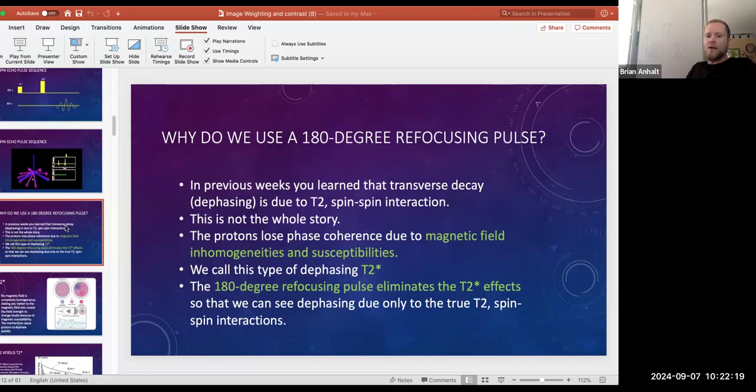We can use a 180-degree refocusing pulse to eliminate the T2 star effect so that we can see dephasing due only to true T2 spin-spin interactions. So now the signal we measure over here, the amplitude or the amount of signal, is going to be determined by the amount of T2 decay that happened, right?